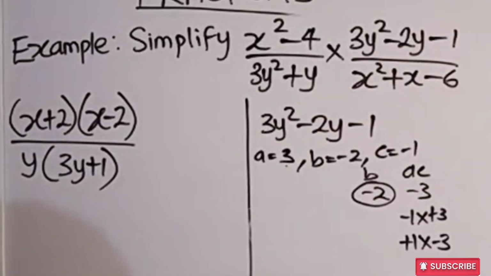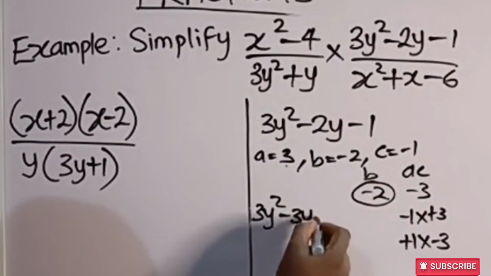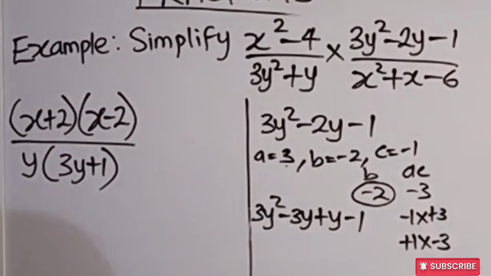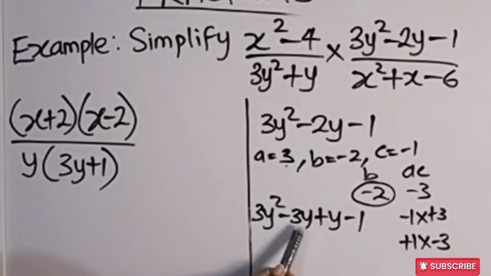I'm just rushing through it because that's not the focus of today's class. So we're going to have 3y squared minus 3y plus y minus 1. We have replaced minus 2y with minus 3y plus y. Now we can factorize.